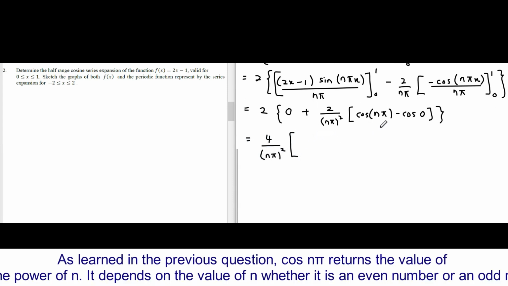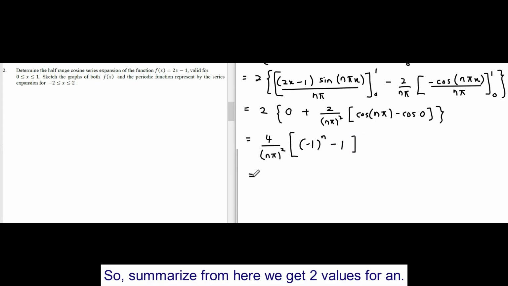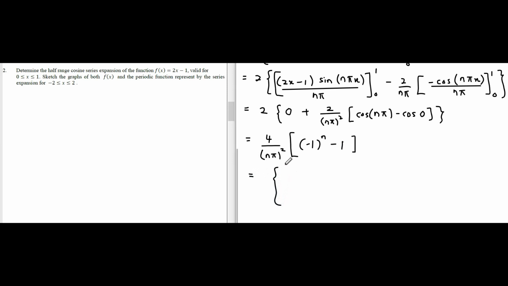As learned in the previous question, cos n pi returns the value of -1 to the power of n. It depends on the value of n whether it is an even number or an odd number. So to summarize from here, we get two values for an.